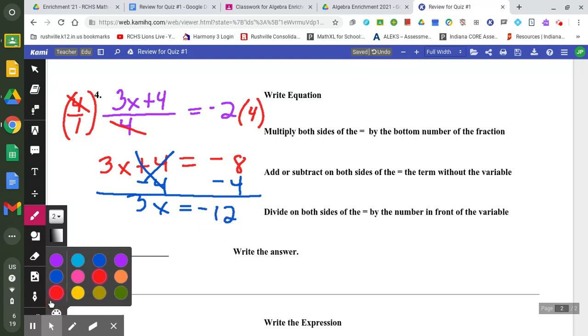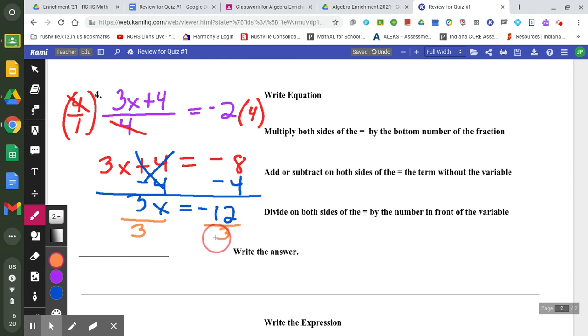The last step is to divide on both sides of the equal sign by the number in front of the variable. So I'm going to divide by 3. The 3's cancel, so I have x equals, and then negative 12 divided by 3 is negative 4.